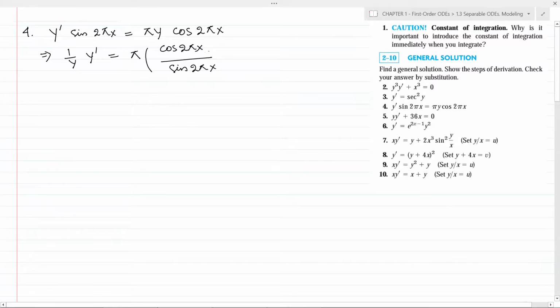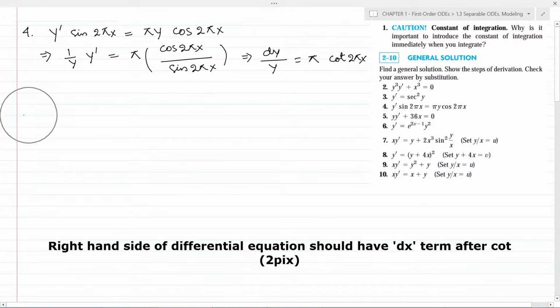Now this cos 2 pi x by sin 2 pi x is cot 2 pi x, so we will write this as dy by y is equal to pi cot 2 pi x. If we integrate both sides, we get ln y is equal to pi integration of cot 2 pi x.